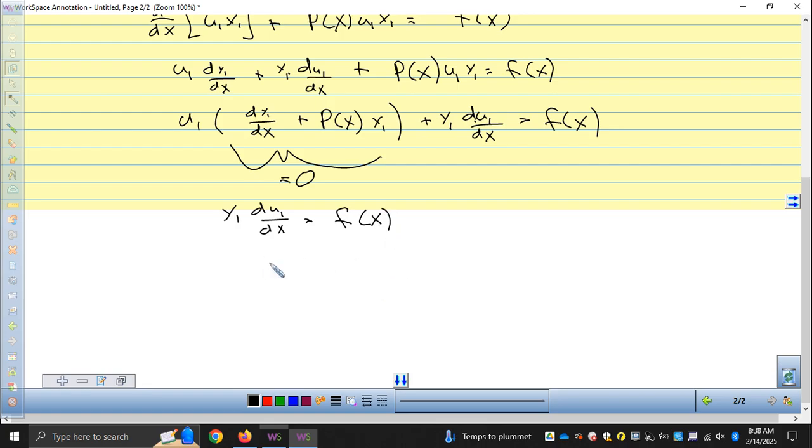And I can rewrite this as du1 equals f of x over y1 dx.